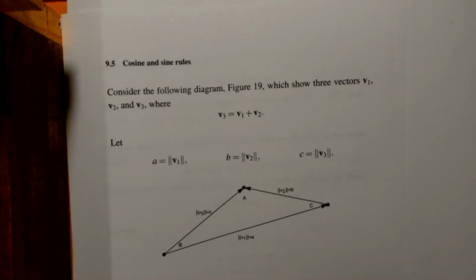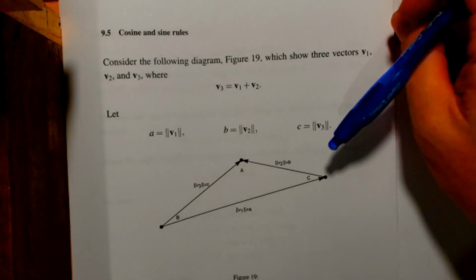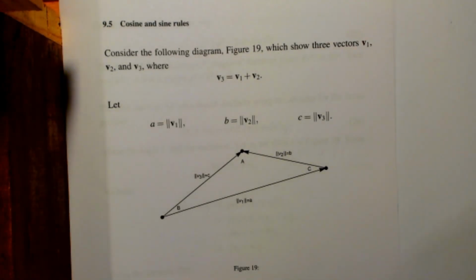Okay, next, the cosine and the sine rules. So I'll give a little proof of this. Consider the following diagram in figure 19, so that's here, which shows 3 vectors v1, v2, and v3, where v3 is the sum of v1 and v2.